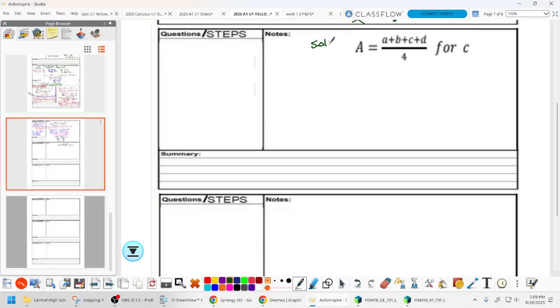So solve A equals all that stuff for C. While you're writing that example down, this is called literal equations. Sometimes they can look kind of weird, but you can still work through them because you guys know how to do algebra.